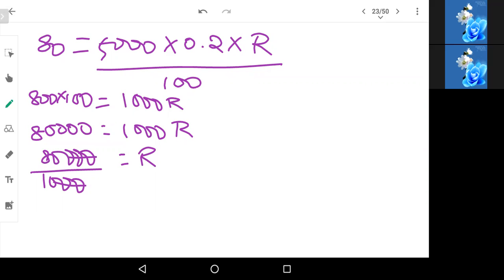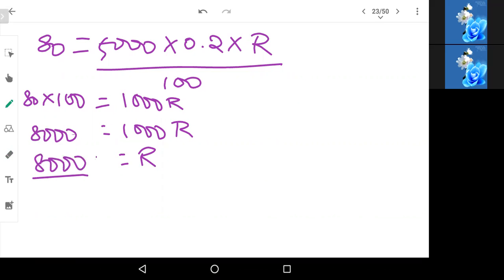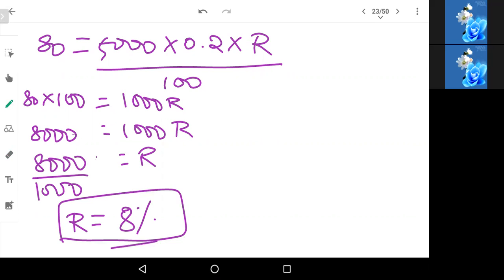Wait. I think I made a mistake somewhere. Yeah, this is not 800, this is 80. So 80 into 100, you'll get 8,000. So 8,000 divided by 1000. So your percentage of simple interest will be 8%. Is it clear? So the percentage of simple interest is 8%.